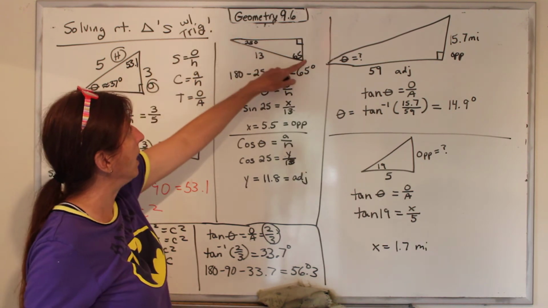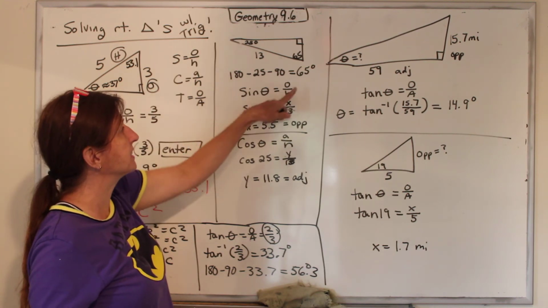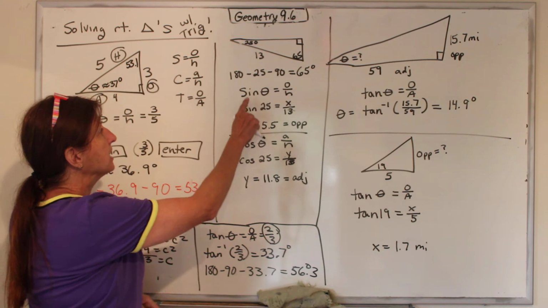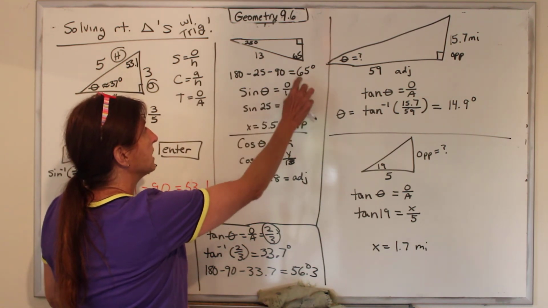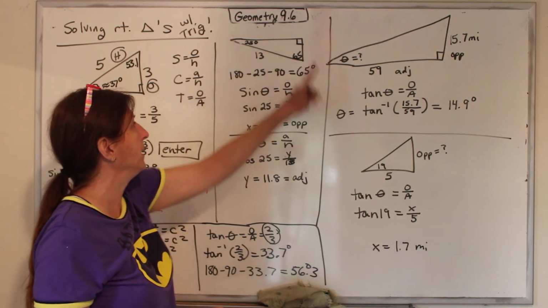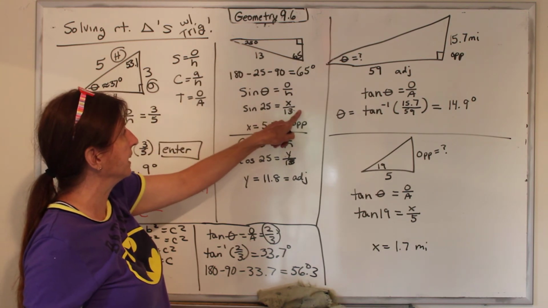We have the hypotenuse and an angle, so I decided to use sine first. I could have used cosine, but I decided to do sine. So sine of theta is SOH, opposite over hypotenuse. The opposite is what we don't know, so I put x. The hypotenuse is 13.